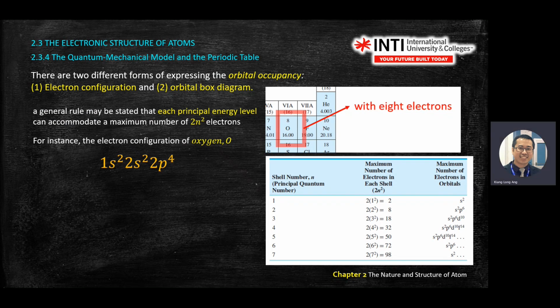So s is 0, p is 1. For n equals 1, you don't have any subshell besides s. But when it becomes p, you have 3 orbitals. So when it comes to n equals 2, you have 4 lines there: 1 is s, 3 is p.